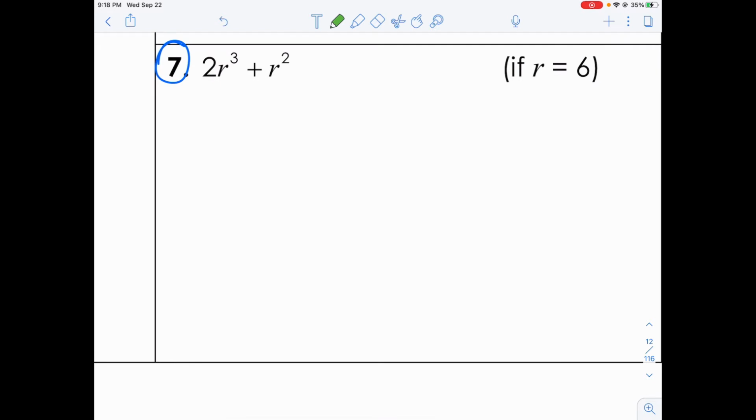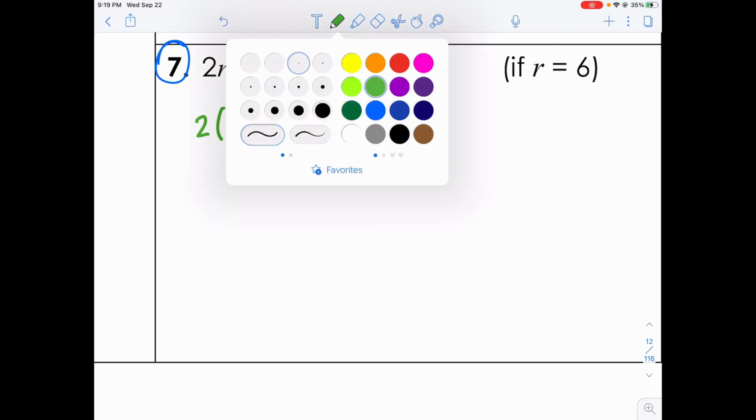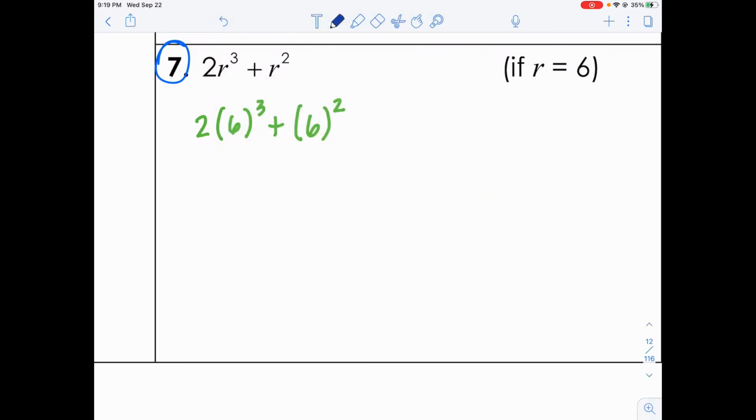2 times r to the third power plus r squared. This is 2 times r, which is 6, to the third power, plus r, which is 6, making sure you're putting it in a parentheses, squared. Now don't be fooled on this one. On this first section, we have multiplication and an exponent happening.